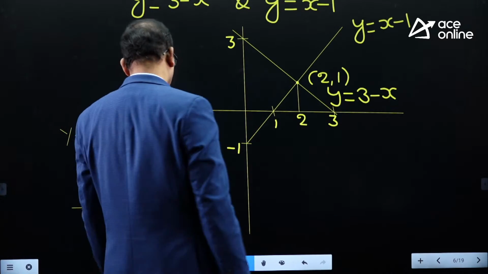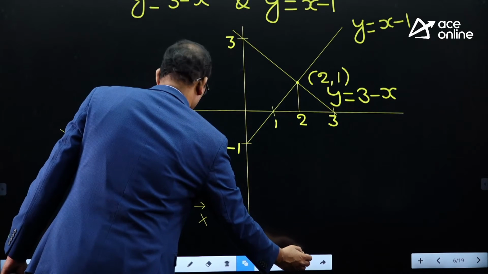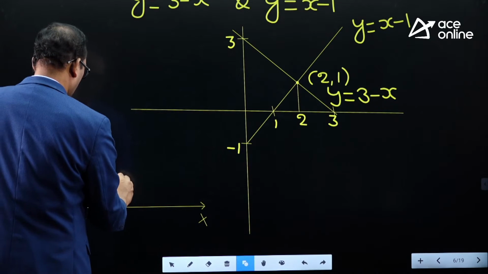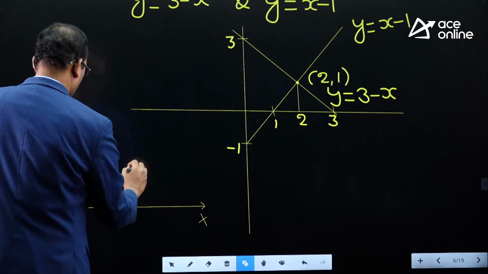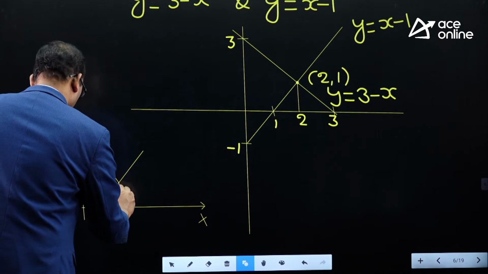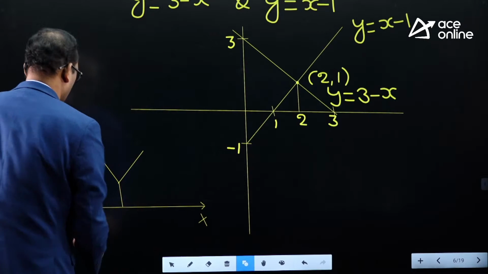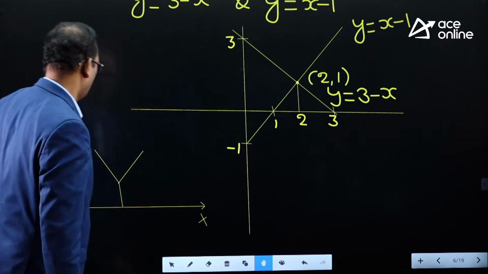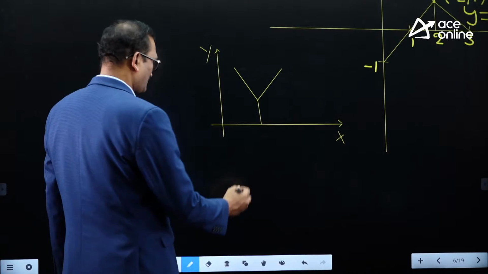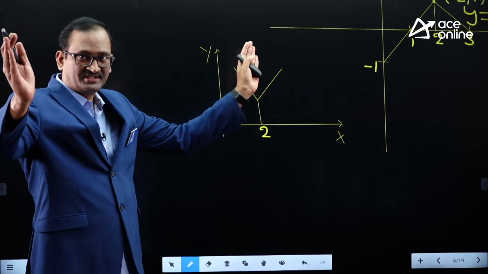So once again, check. This is the diagram, rough sketch only. This is x equal to 2, so it will extend like this.